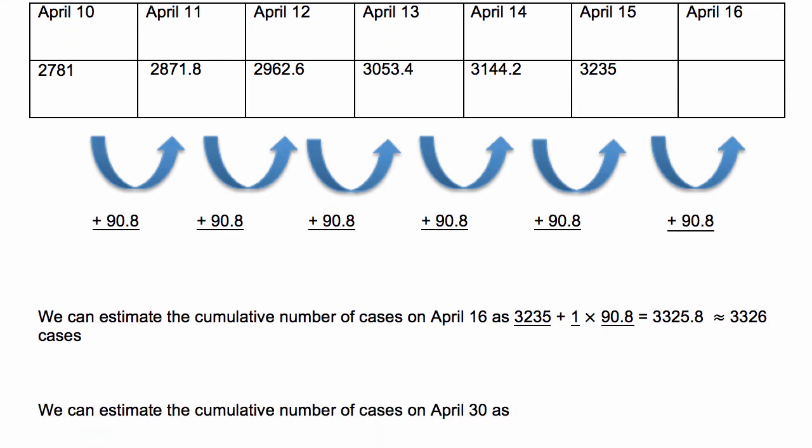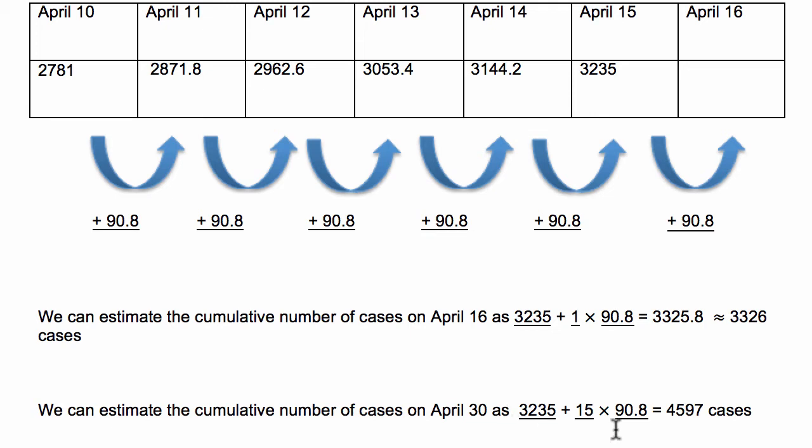Similarly, we can estimate the number of cases on April 30th as 3,235, that is the number of cases on April 15th, plus 15 times 90.8. We get this 15 because April 30th minus April 15th is 15 days. That is, 15 days went by since there were 3,235 cases.